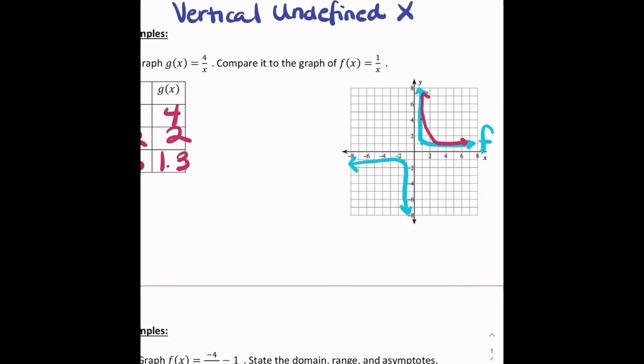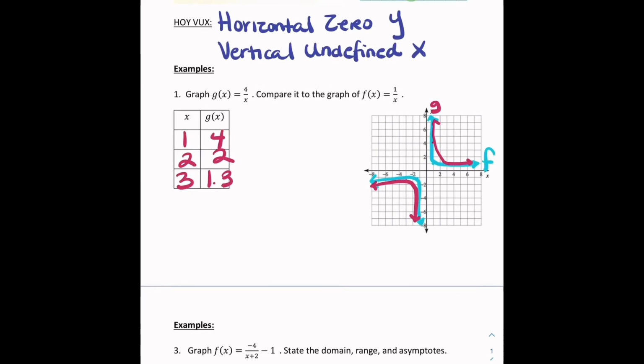We have -1, -4, -2, -2, and we have -3, -1.3. Let's go ahead and connect these. And I'm going to label this graph G. So G is the pink.